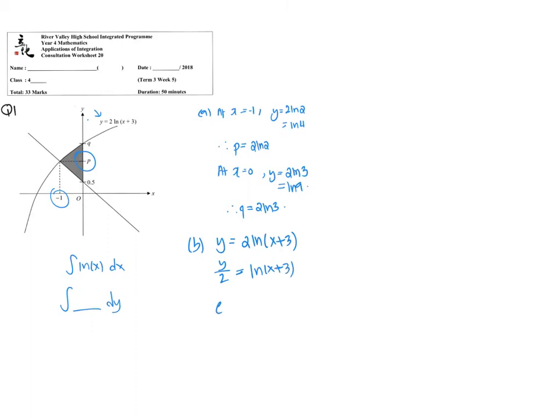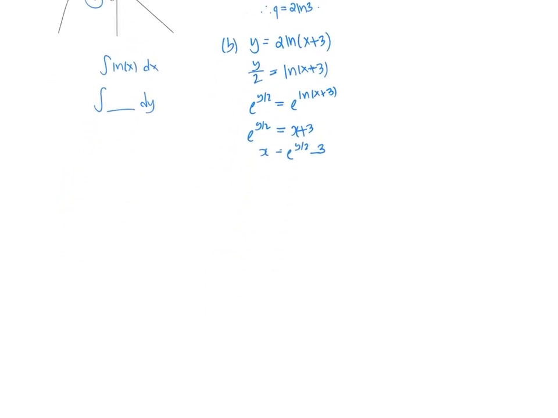We should get e to the power of y over 2 equals e to the power of ln bracket x plus 3, and that will give me e to the power of y over 2 equals x plus 3. And x should give me e to the power of y over 2 minus 3.